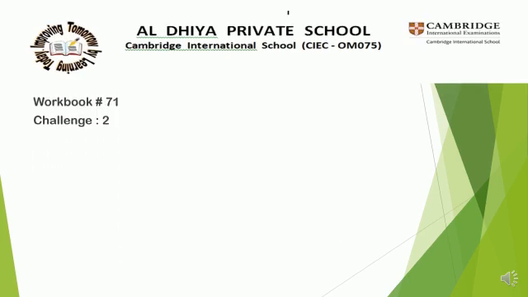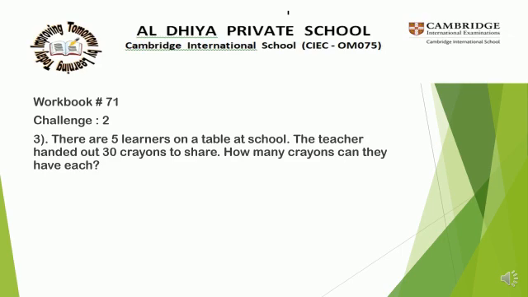See the next question. Question number 3. There are 5 learners on a table at school. How many learners were there? 5. The teacher handed out 30 crayons to share. Share means what you have to do? You have to do division.